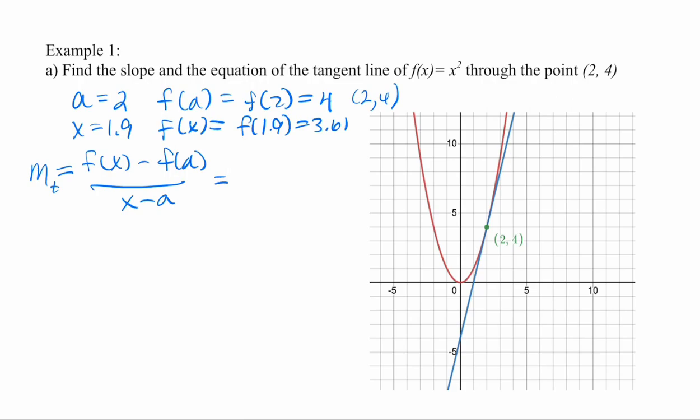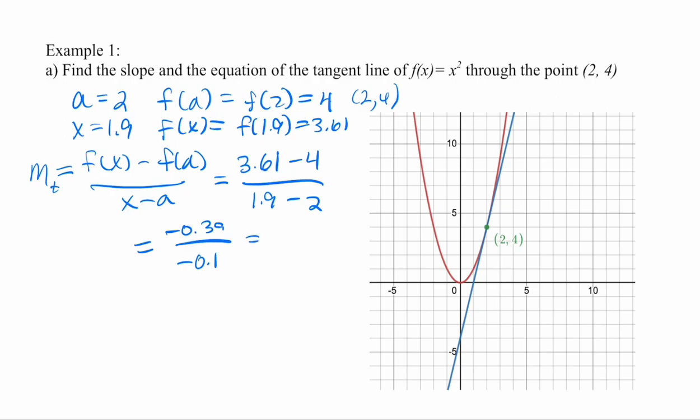So let's plug our values in. F of x is 3.61. F of a is 4. X is 1.9. A is 2. 3.61 minus 4 is negative 0.39. 1.9 minus 2 is negative 0.1.